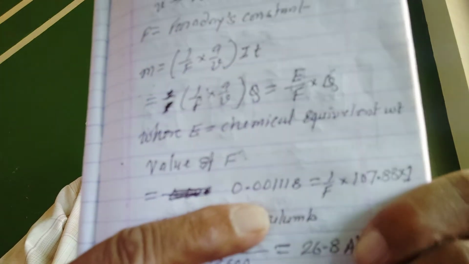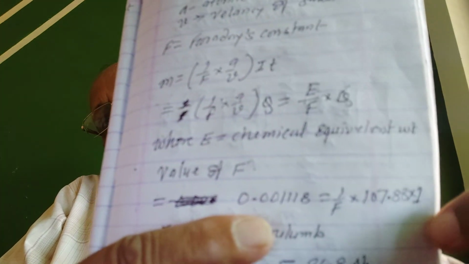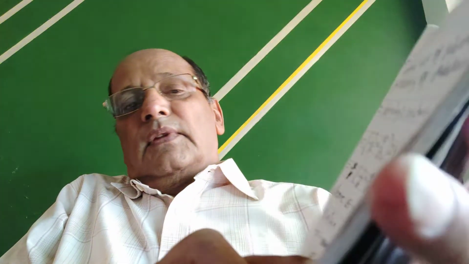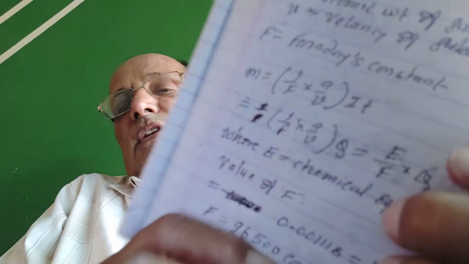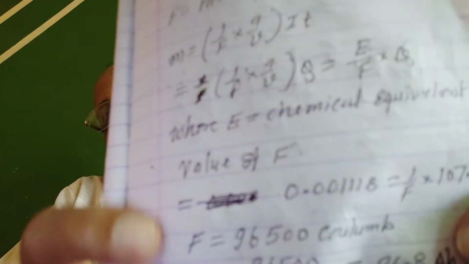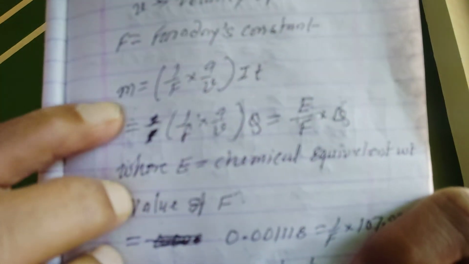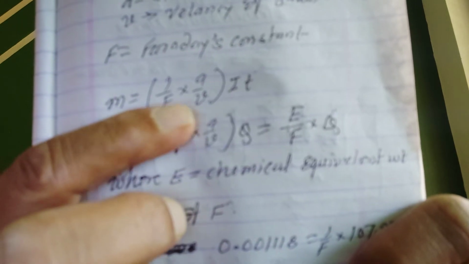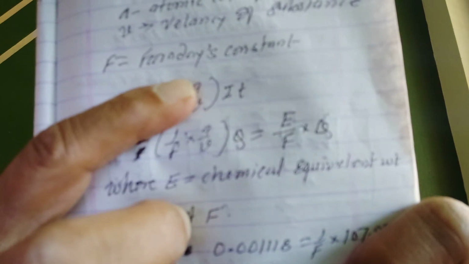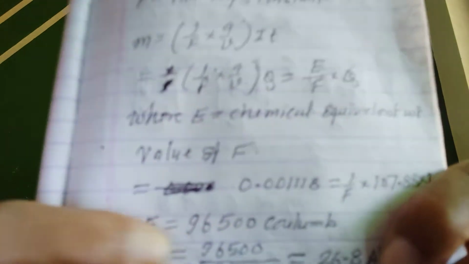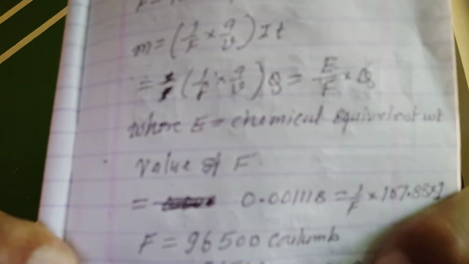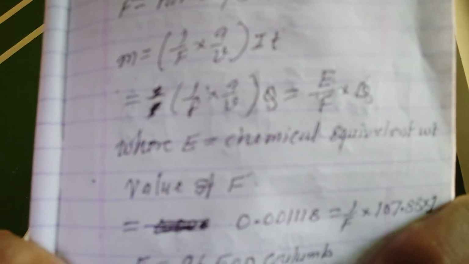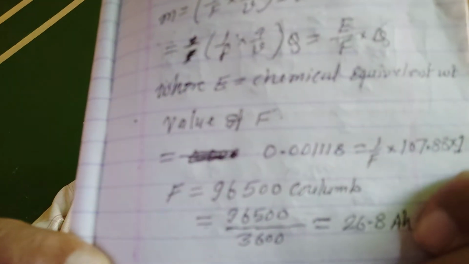Its electrochemical equivalent is given by 0.00118, and its atomic weight is 107.881. So when we put these values, for the value of M we put valency 1 and the atomic weight as given here for silver. Why did we select silver? Because silver is a univalent metal, having valency 1.